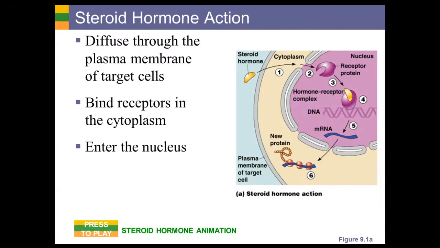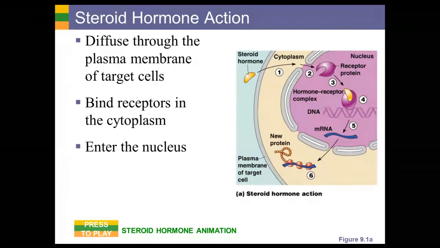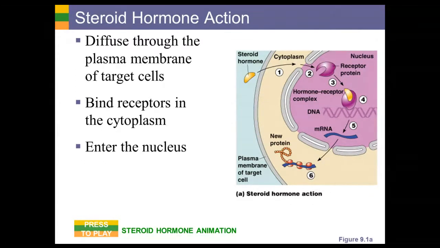That protein could be another hormone. That protein could be receptors. It could be an enzyme. It could be any number of different types of functional proteins. The importance of this image is it's showing you that the way steroid hormones work is they bind directly to receptors inside the cell, and they turn on or turn off genes.